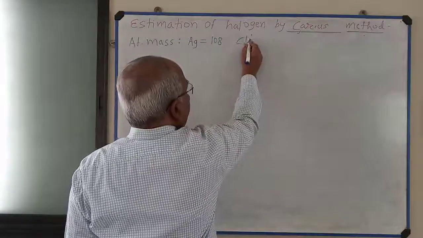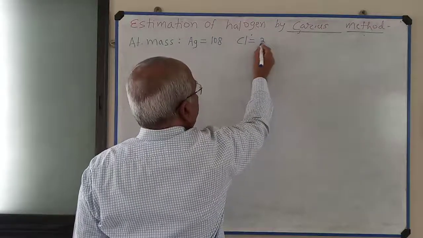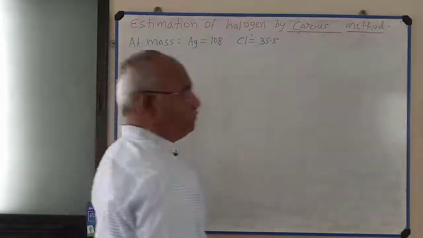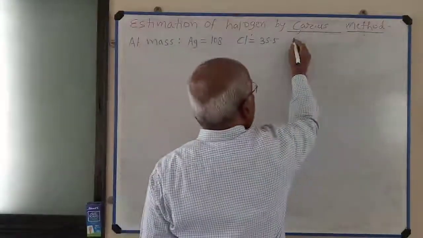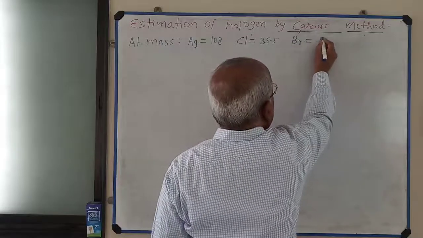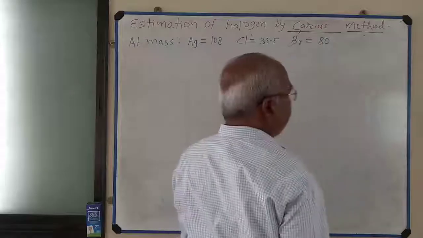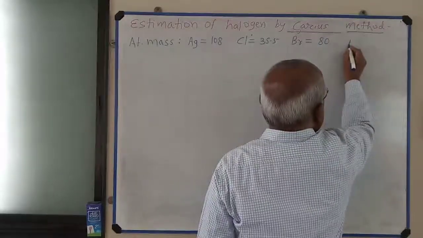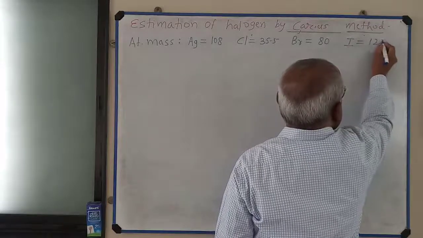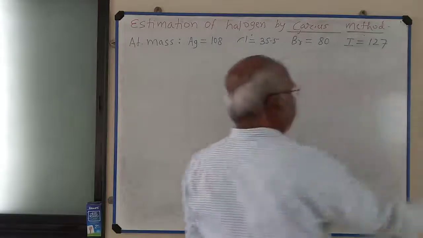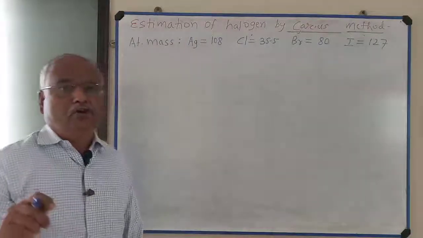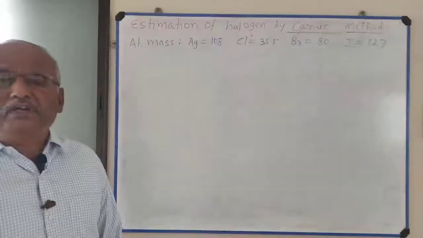Atomic mass of chlorine is equal to 35.5. Atomic mass of bromine is equal to 80. Atomic mass of iodine is equal to 127. These values are important to solve numericals.